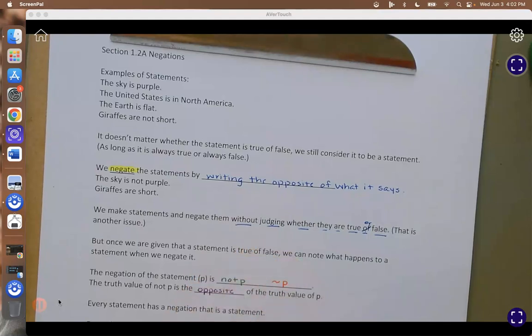So the opposite of true is false and vice versa. Every statement has a negation that is a statement.